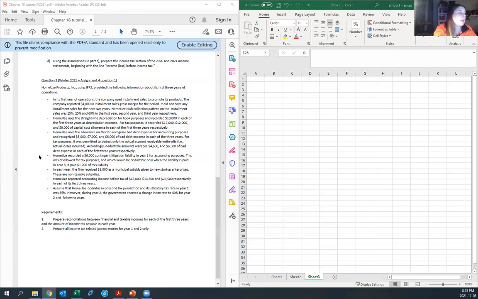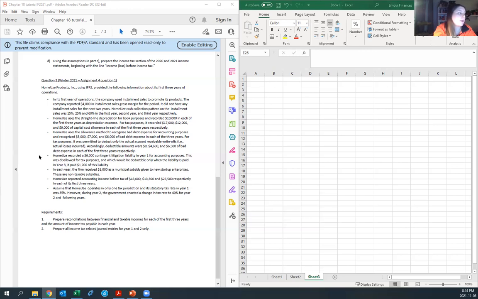Home use reported accounting income before tax of $18,000, $13,300, and $26,500 respectively in each of the first 3 years. Assume that home use operates in only one tax jurisdiction and its statutory tax rate in year 1 was 35%. However, during year 2, the government enacted a change in tax rate to 40% for year 2 and following years.